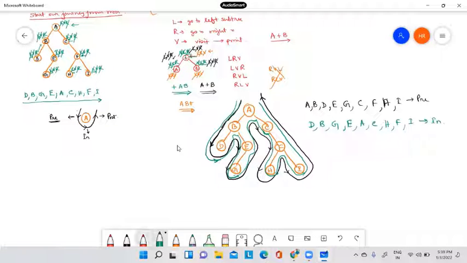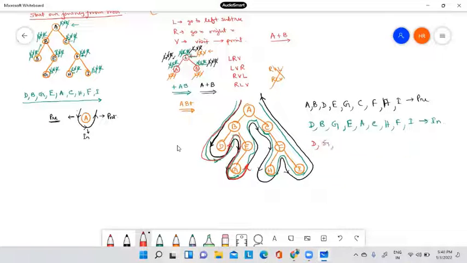Similarly, if I want to calculate the post-order, then I will have to print it when I am visiting them from the right hand side. So I am moving. First I will visit D from the right hand side, so D will come first. Then moving, G, right hand side.